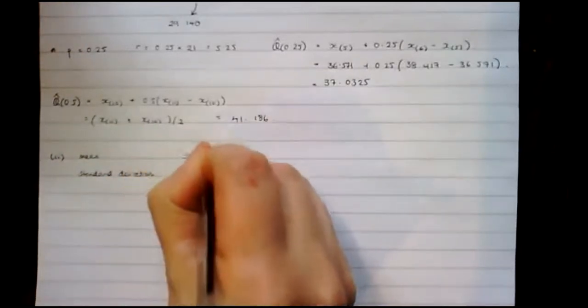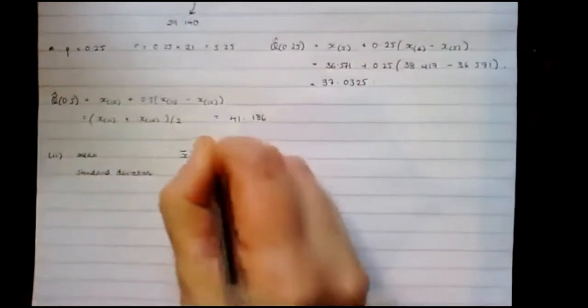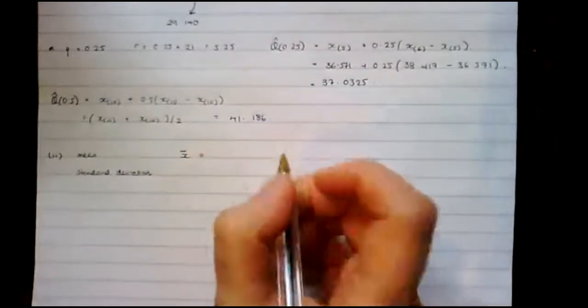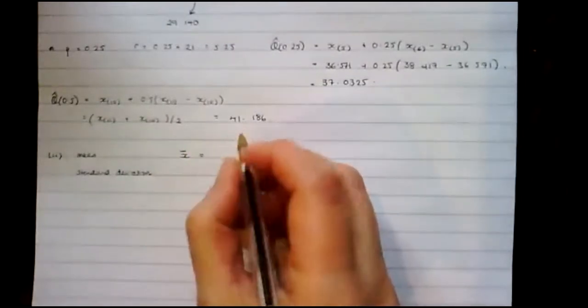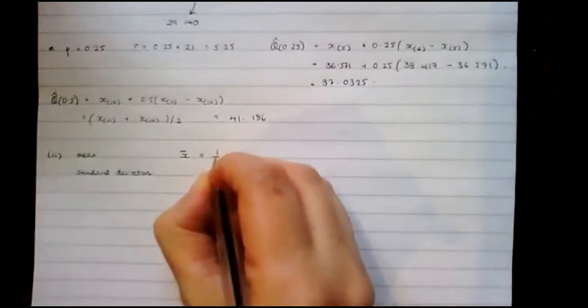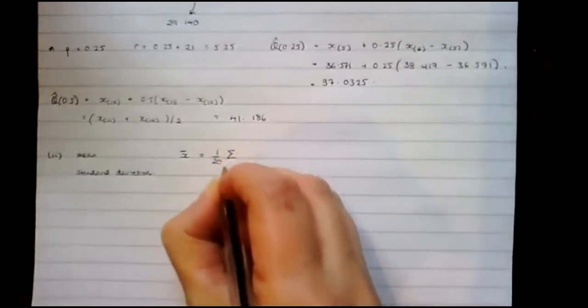Sarah Lees has asked us not to use a computer program if we can get away with it this week, so you did have to sit there and accurately get all of the numbers in, which, as I previously said, was always causing me a lot of trouble. For the mean, we have to sum up all of the numbers that we've been given and divide by 20, because there's 20 elements there.